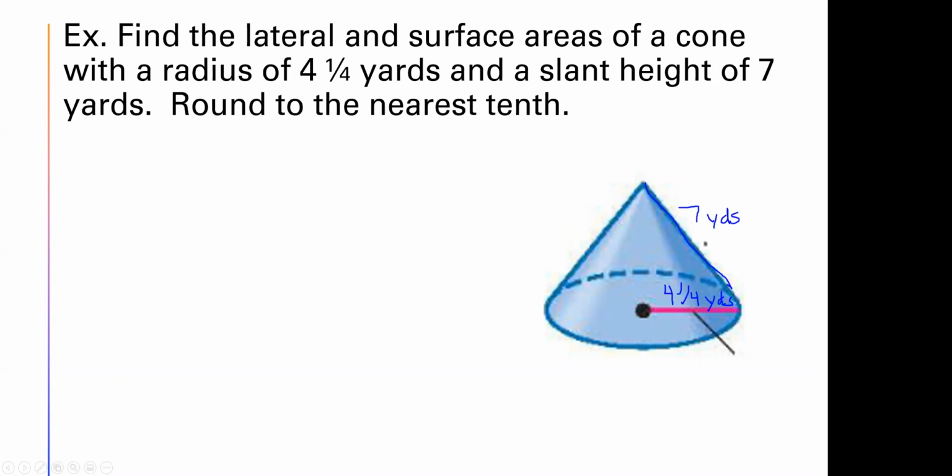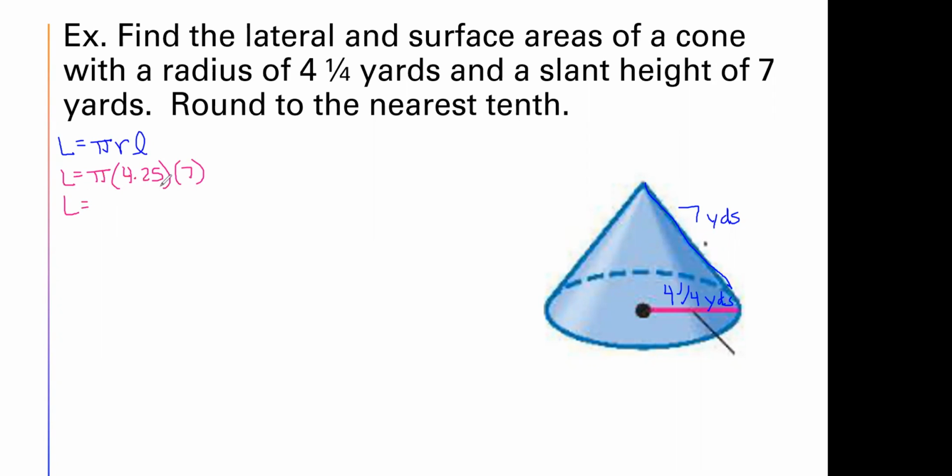Lateral area first is pi times the radius times the slant height. So we're going to plug in our values. The radius it gave us is 4 1/4, so 4.25, and the slant height is 7.